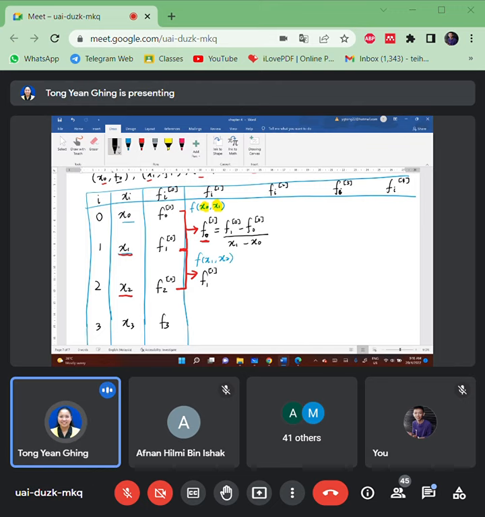Kan sebab dia first degree atas ni. First divided difference. So will equal to, so sekarang this is will be based on yang ni minus yang ni. So f2,0 minus f1,0 divide by, sekarang kita consider from x1 to x2. So x2 minus x1.